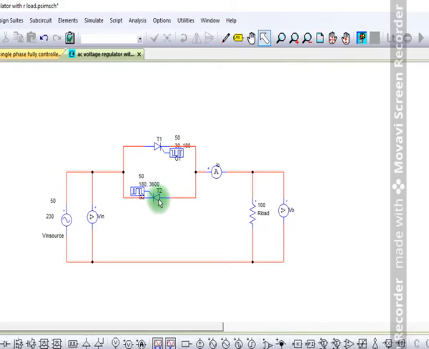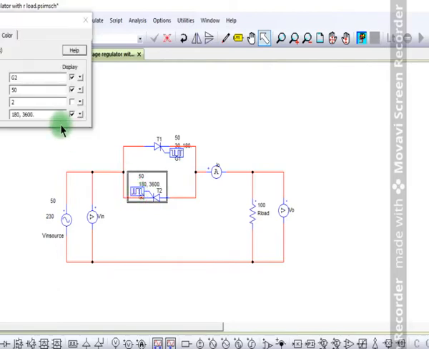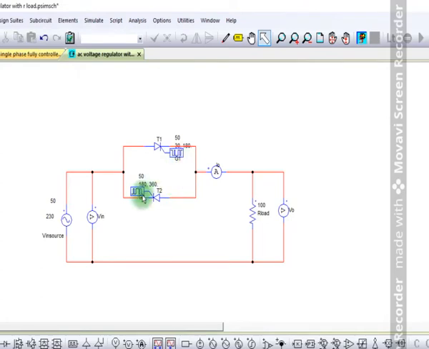Here the firing angle has been given 0 because the conduction period which we have given is from 180 to 360. So here we need to change it. It became 3006, so 360. Okay, so we need to take care of this.